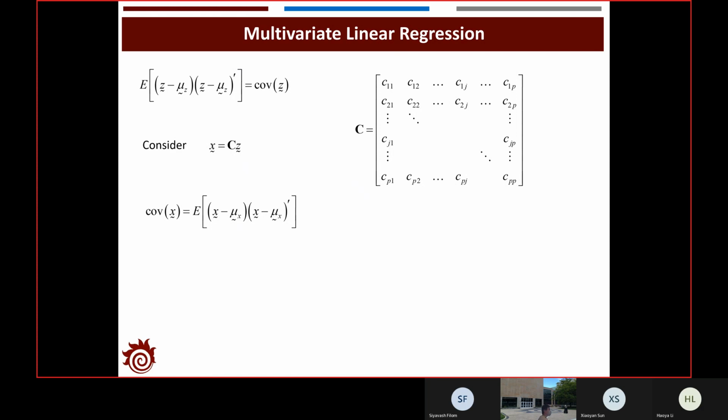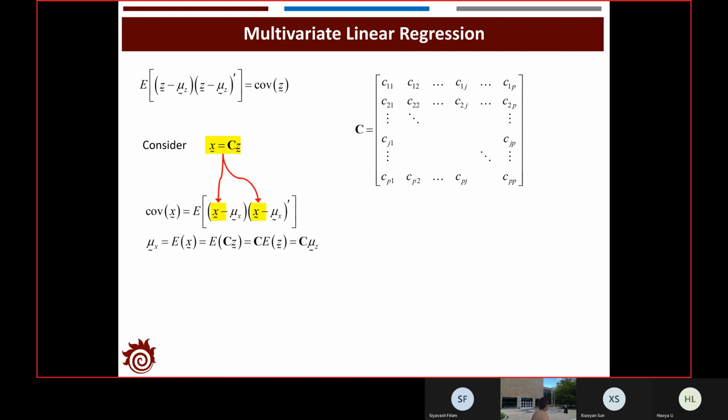This is the definition of the covariance, and we need to find the mean value of x. As capital C is a constant matrix, mu x will be just C times mu Z, so we take the constant matrix outside.